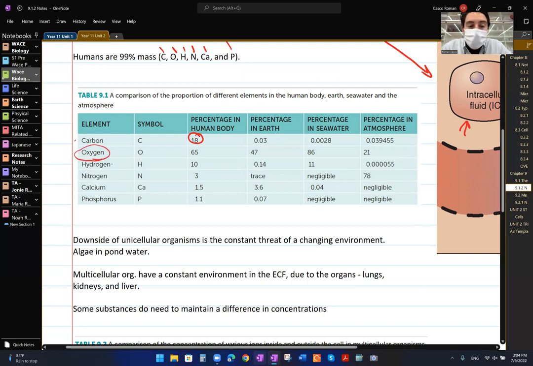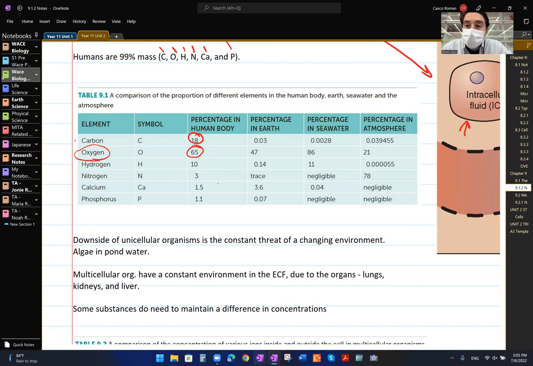Oxygen actually takes the cake with 65% of our composition, right? Not just as a gas form, but also as a solid form. Different compounds can create different structures. Take a look at H2O, they're both hydrogens, but together they make a liquid.